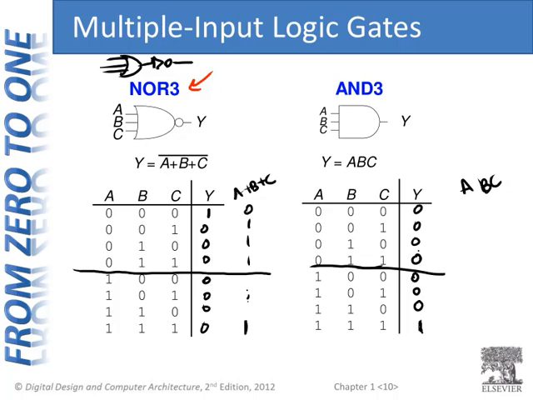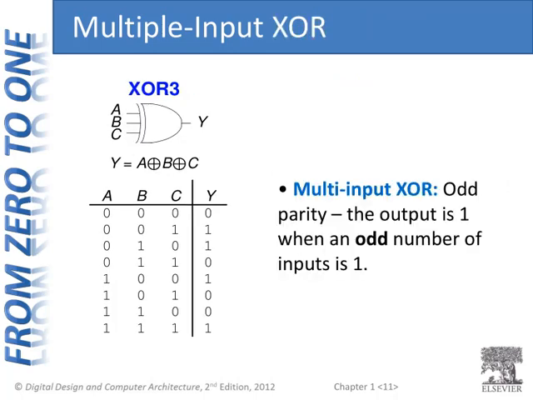So let's look at the XOR gate. With multiple input XOR, the output is odd parity. That is, the output is 1 when an odd number of inputs is 1. So here we have one of the inputs being 1, that's odd. One input is 1, and 3 inputs are 1.